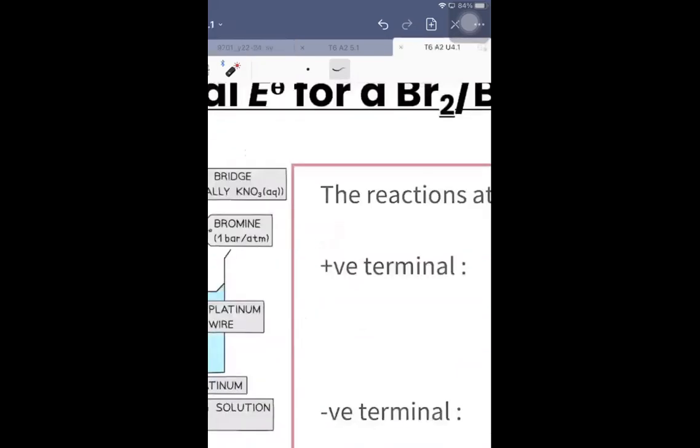So that means your Br minus has to be in the solution. So things like sodium bromide or potassium bromide, things like that, okay? As long as it is in 1 mole per dm cube. So this is the Br minus Br2 half cell.